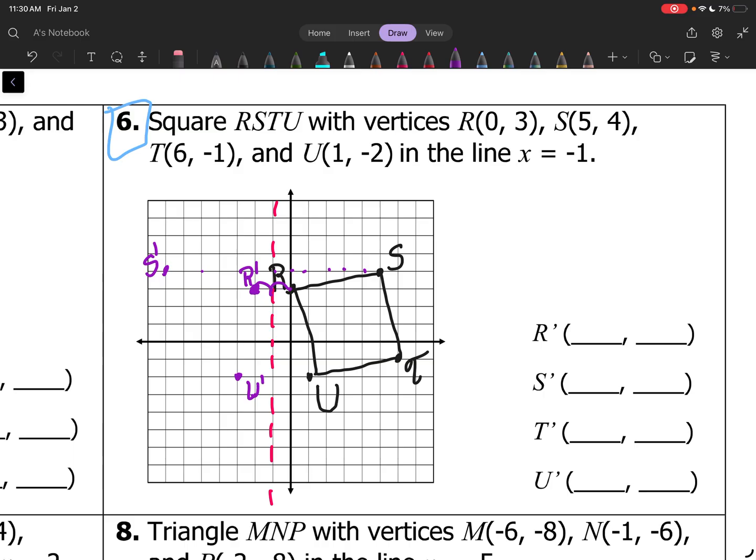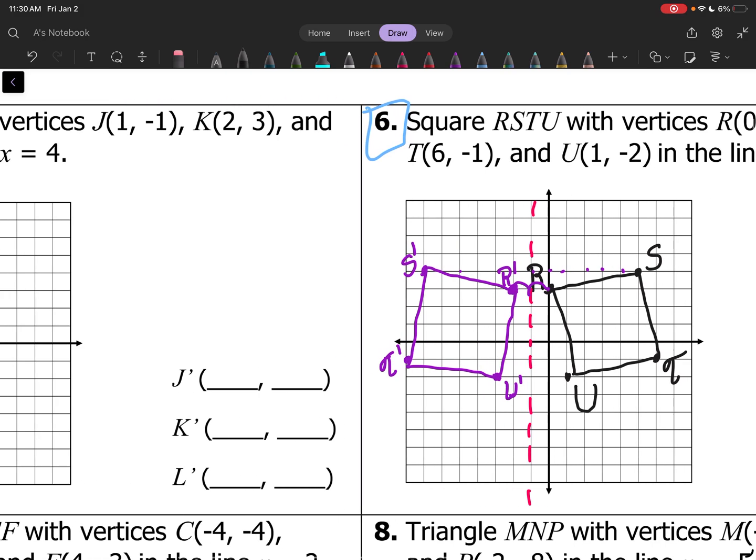And T is 7 away. There is my image. Go ahead and write out the coordinates. We're done with that problem.